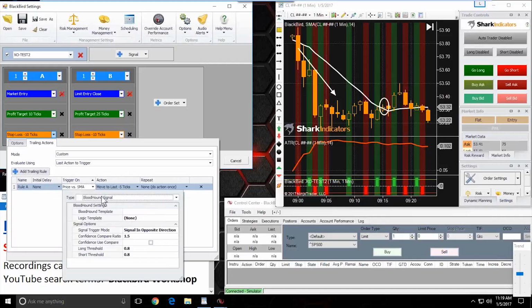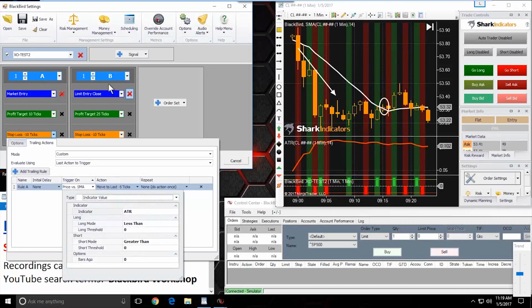So a Bloodhound signal gets evaluated based on your calculate on bar close setting. And of course, indicator value, well, again, indicators only get evaluated depending on your calculate on bar close setting.